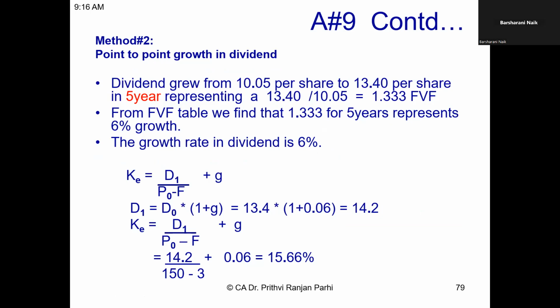So the future value factor here is 13.40 divided by 10.05. It comes to 1.333. Now, if you refer to the future value factor table, you'll find that 1.333 for 5 years represents 6% growth. You have to refer to the future value factor table for 5 years, 1.33.